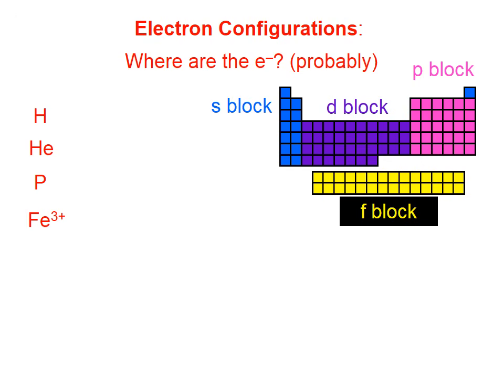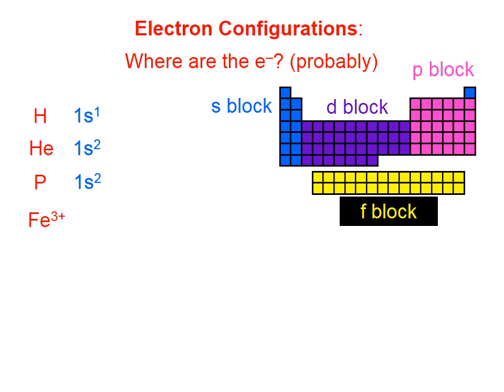Helium has only S electrons, and so it technically should be part of the S block. Hydrogen, if we look on the left side of the screen now, only has one electron, and that one electron is in the 1s orbital. Helium has two electrons, and they both can fit in the 1s orbital. Phosphorus has a total of 15 electrons.